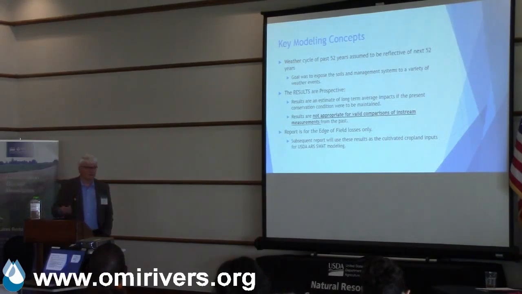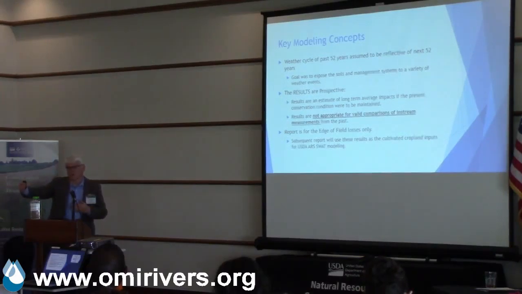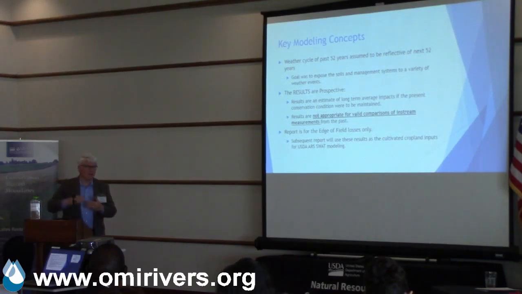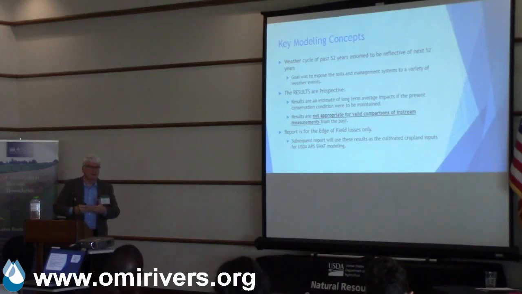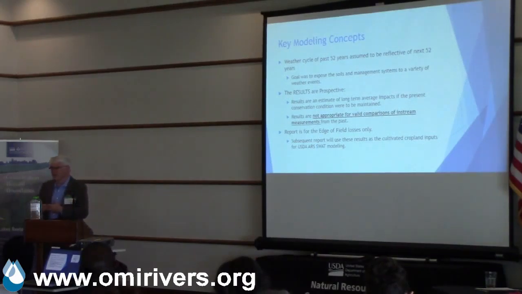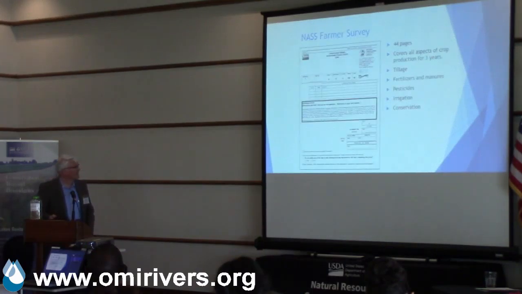So if you take our results and then run off to a gauging station and look at the results and wonder why they don't match, well, that's because we're looking forward. All the time looking forward, not backwards, because we can't capture what people did 30 years ago in a statistical fashion. So it's looking ahead, that if these practices stay in place, this is where you're going to be. If you don't like where you're going to be in the next 50 years, then you change what you're doing.